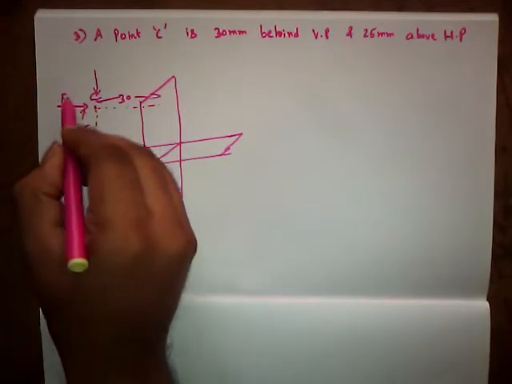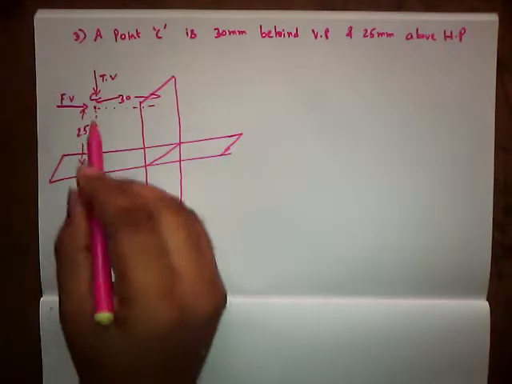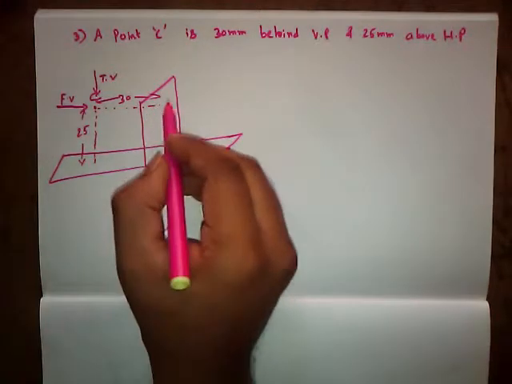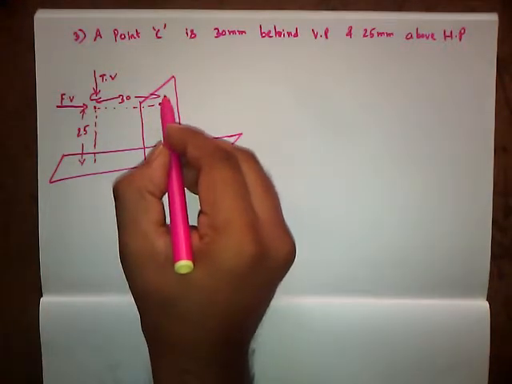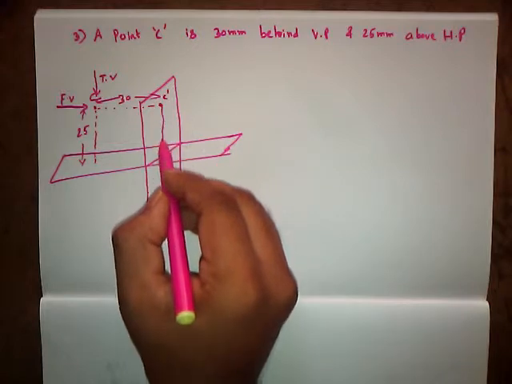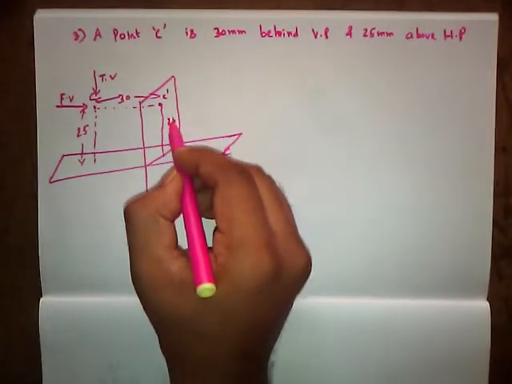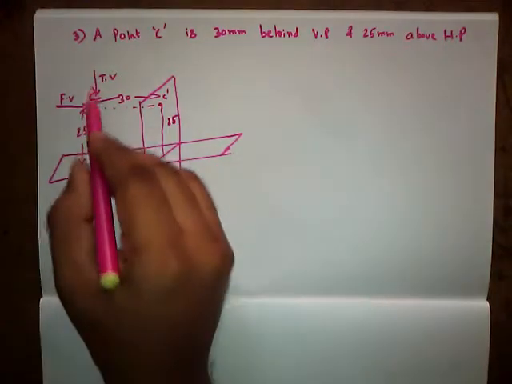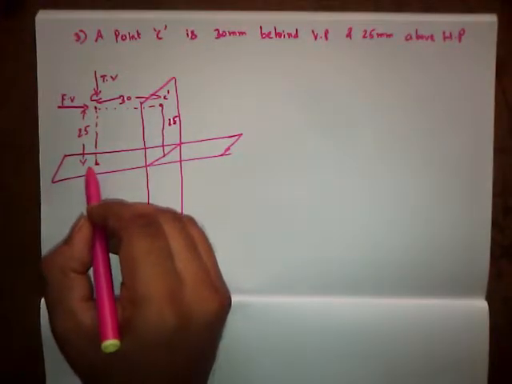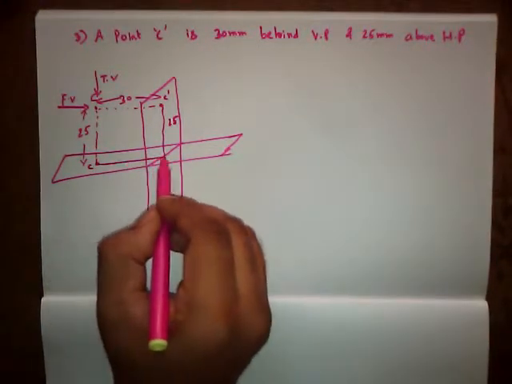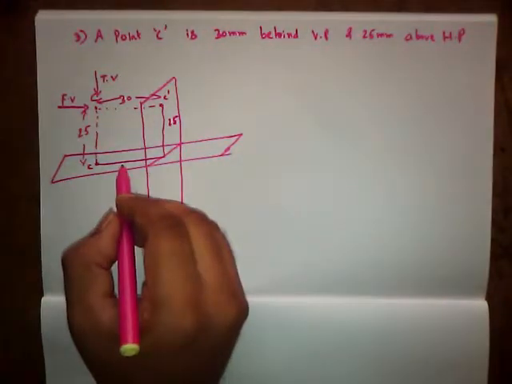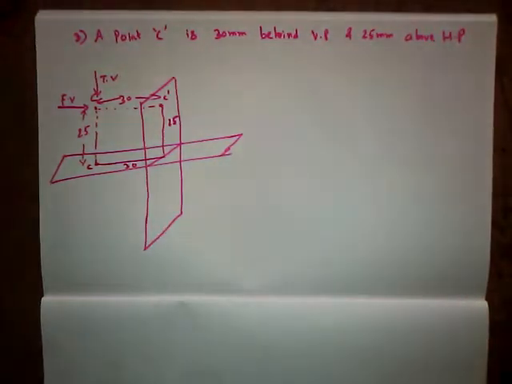This is our front view and this is our top view. If I view in the front view, here we are going to get the required point C dash, and the opposite distance is 25 mm. And if I view it from the top, here I am going to get the small c, and the opposite distance is going to be 30 mm.